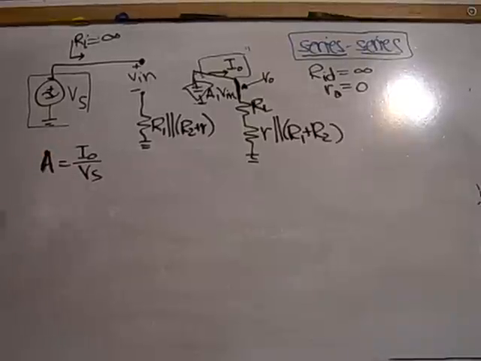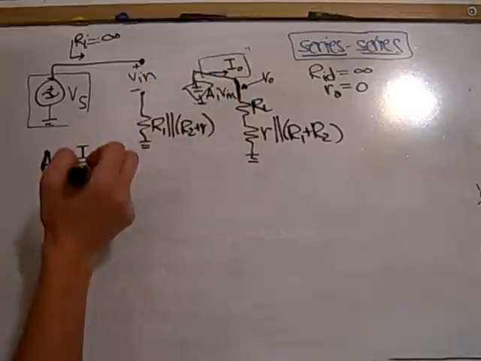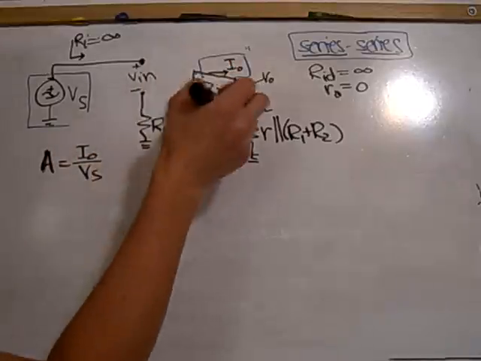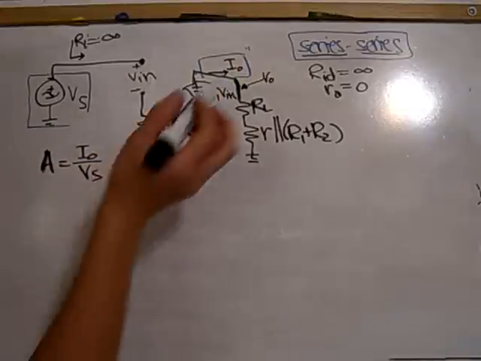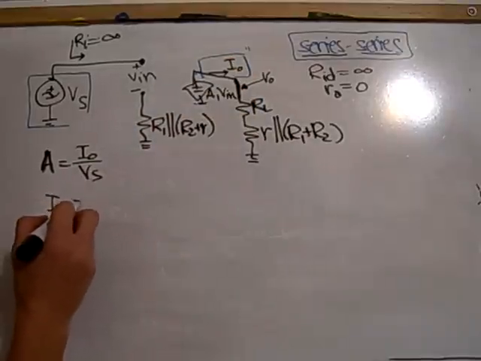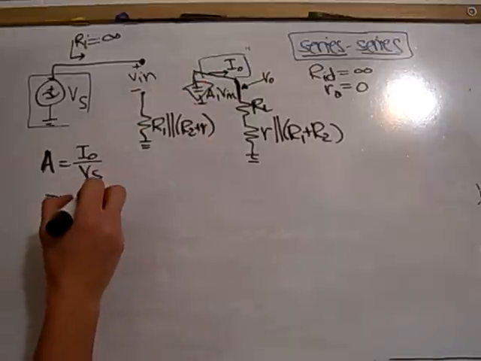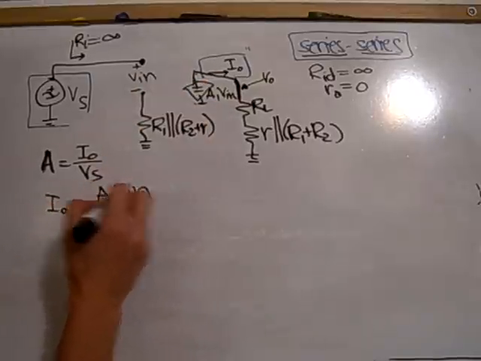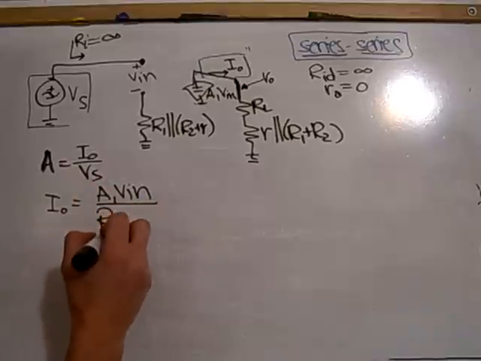So to find A, which is going to be I0 over Vs, I need to get an equation for I0 in terms of Vs. So I0 can be written as the voltage A1 Vn all over all the resistances.